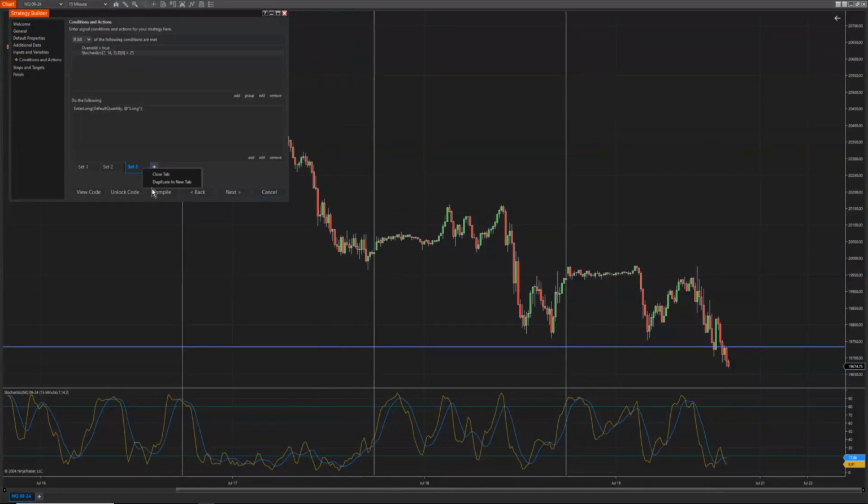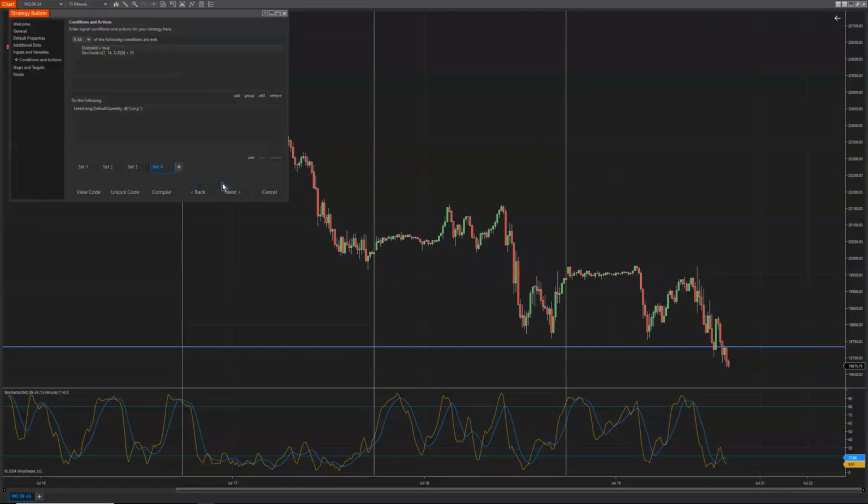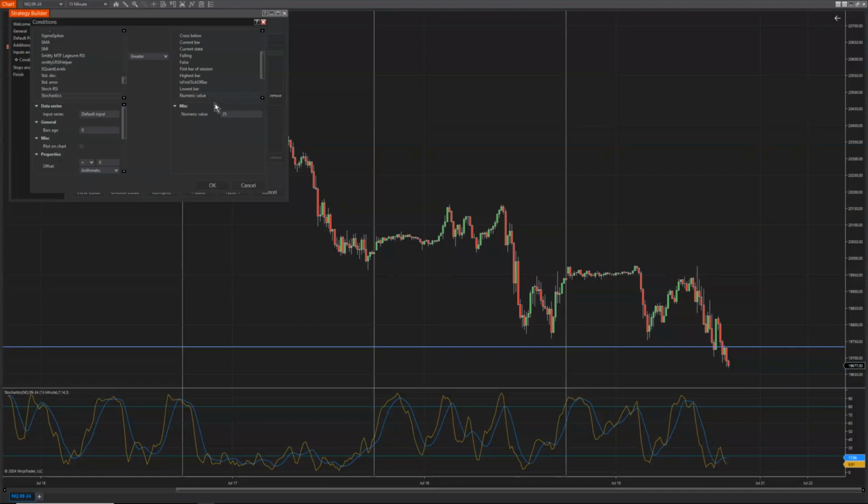And then we're going to duplicate this and do the same thing for shorts. In this case, we want the overbought to be true. If you guys aren't talking, just do me a favor and mute your mic so we don't get background noise. Appreciate that. We want this to be less than 75.